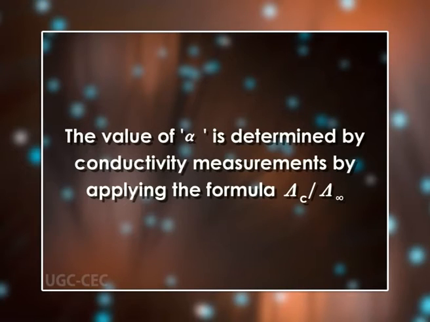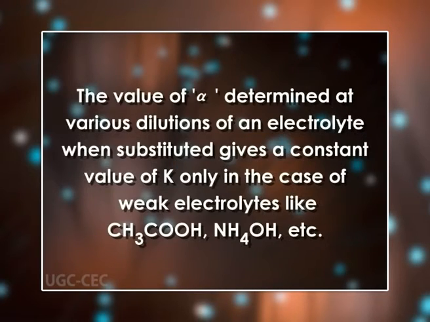The value of alpha is determined by conductivity measurements by applying the formula: conductivity at concentration C divided by conductivity at infinite dilution is equal to the degree of dissociation. The value of alpha determined at various dilutions of an electrolyte, when substituted in the aforementioned equation, gives a constant value of K only in the case of weak electrolytes like acetic acid, ammonium hydroxide, etc.